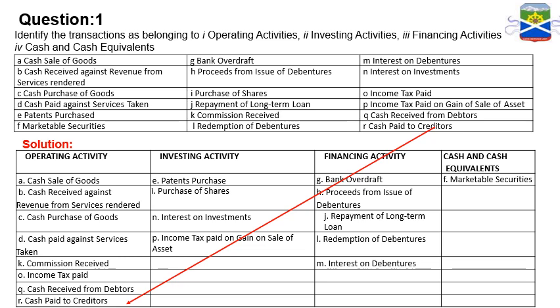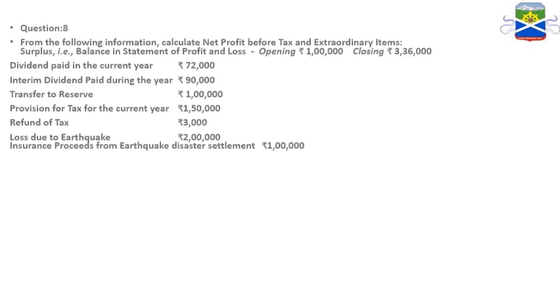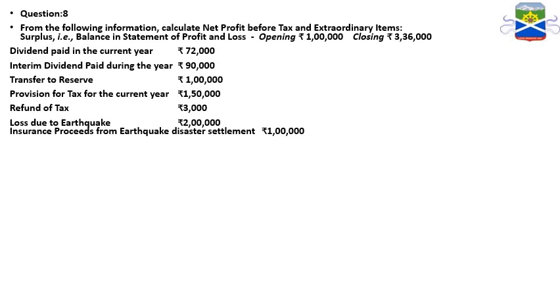Cash and cash equivalent, we already said, is cash at bank, cash in hand, marketable securities and short-term investment. Any short-term investment, that will also come under current investment, and will be added there. Now from the following information, calculate net profit before tax and extraordinary item.